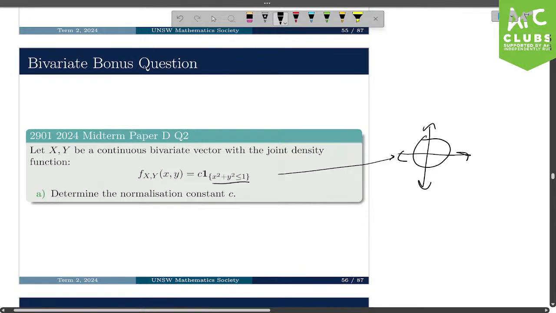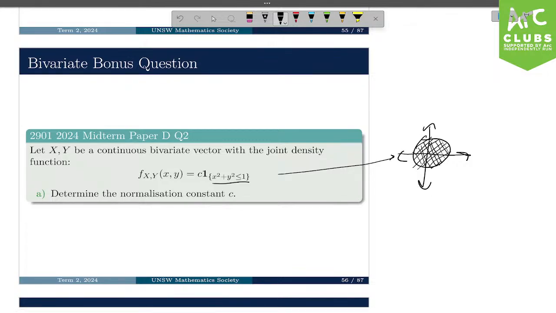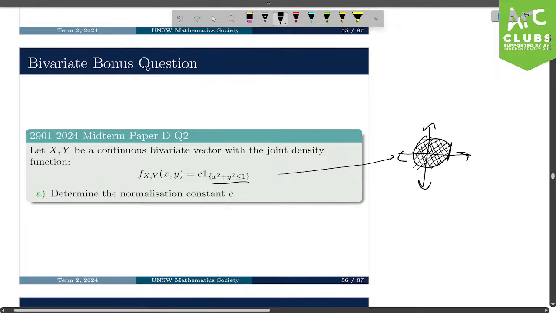We know this is a circle, and we're talking about the entire inside of it being uniformly distributed with some density 1 over c, and that's that. So we can go ahead and calculate c. We know that the borders are at 1 and minus 1.